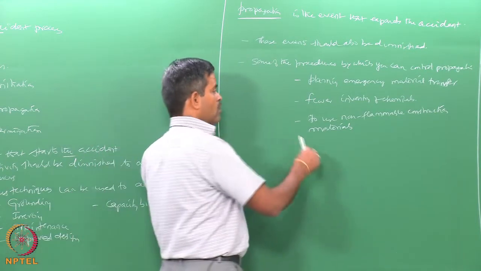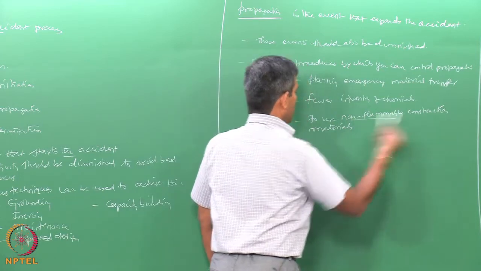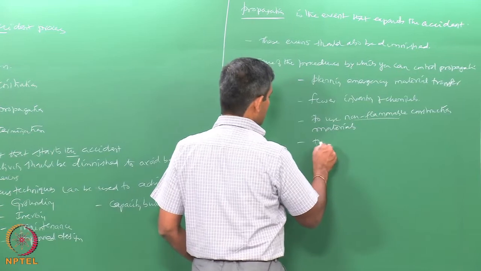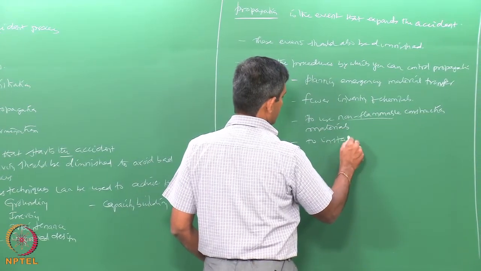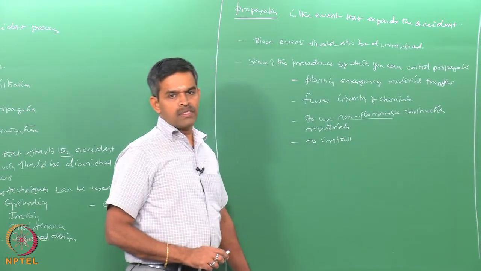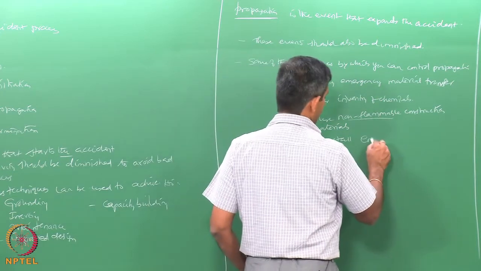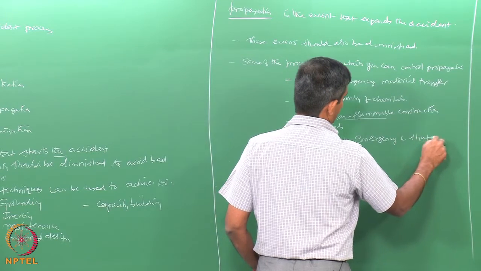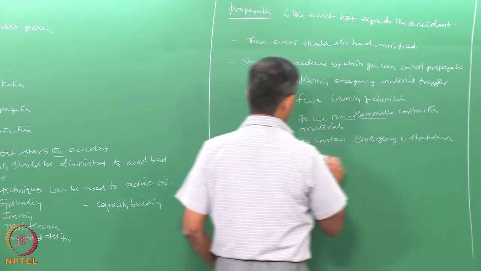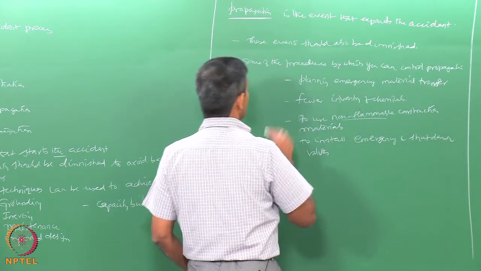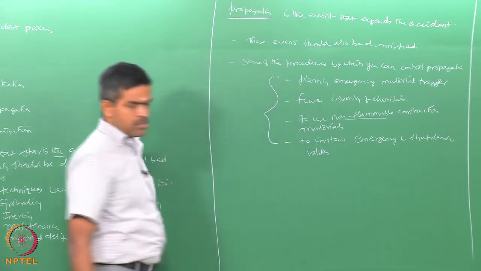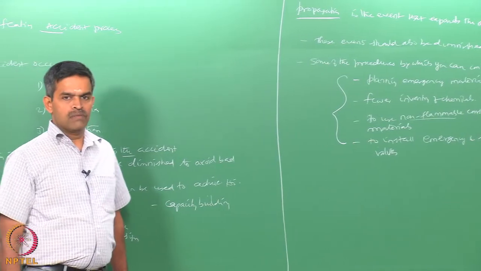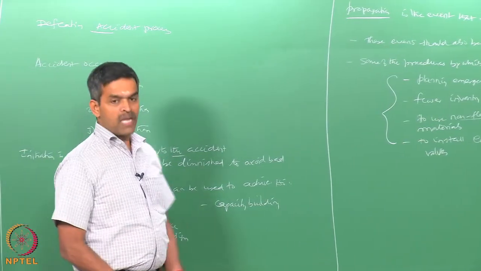So, let us use or plan to use non-flammable construction material, then also plan to install emergency and shutdown installation valves. So, these are the methods or procedures by which one can always control the propagation, which is nothing but the expansion of the accident.